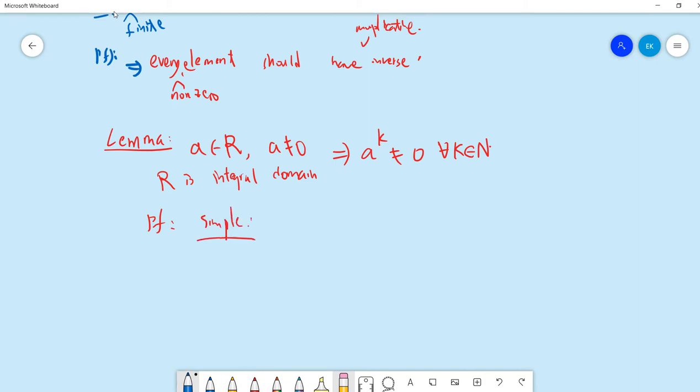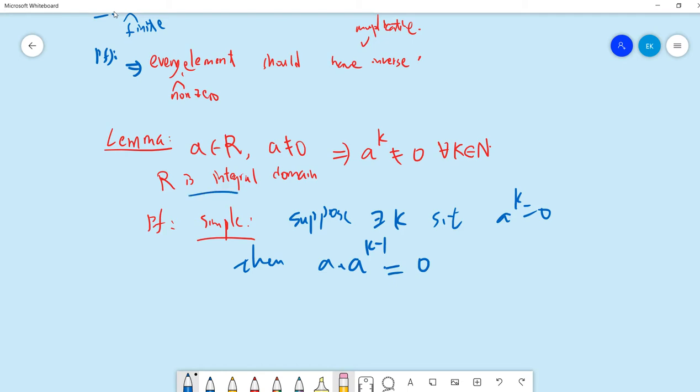The reason is that suppose there is a k such that a^k is 0, then a^(k-1) times a is 0. But this is an integral domain, right? So either a is 0 or a^(k-1) is 0.